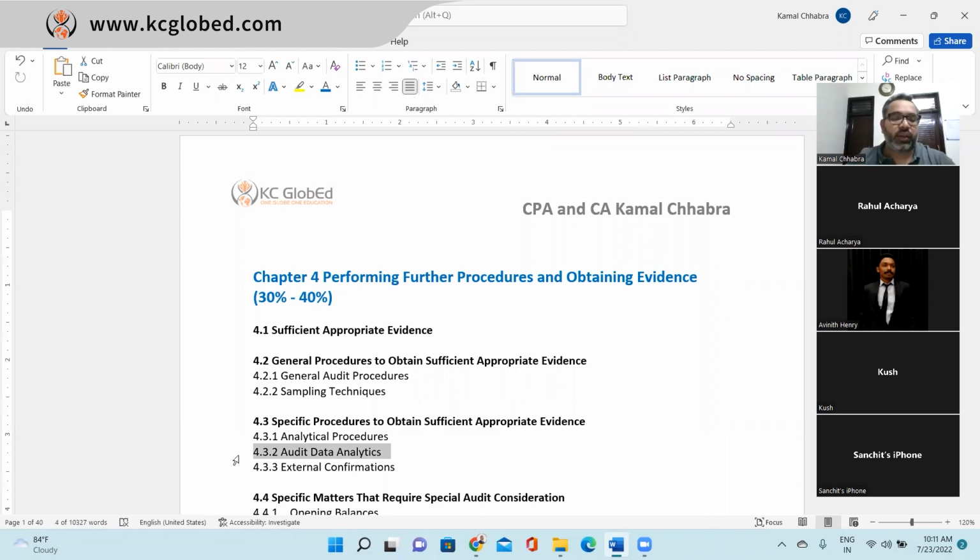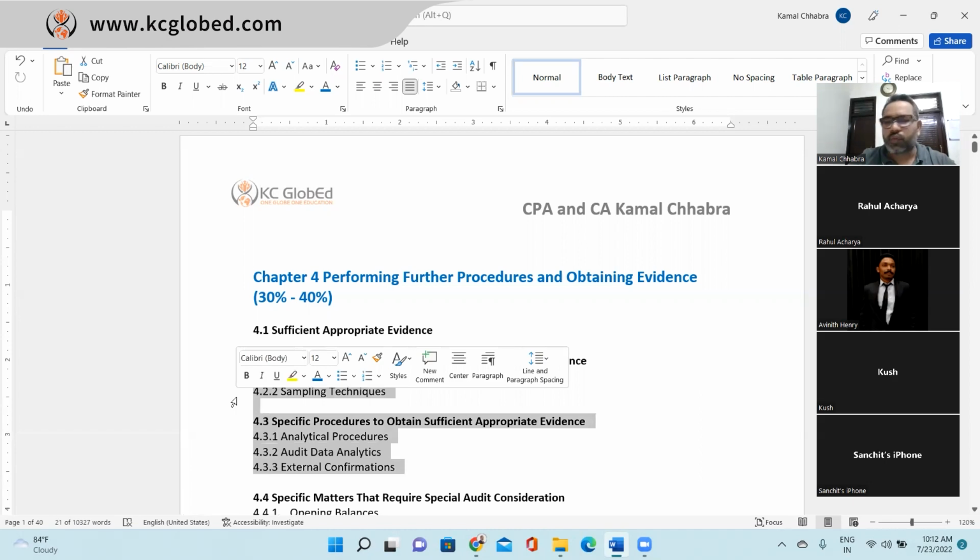So you can expect some question from this definitely in your exam, right? So tomorrow we'll be covering analytical procedure and data analytics procedure. And then external confirmation is a small topic. If we get some comfortable time tomorrow, then we'll finish off external confirmation as well. So the target for today and tomorrow's class is to finish off these 4 major topics, right?